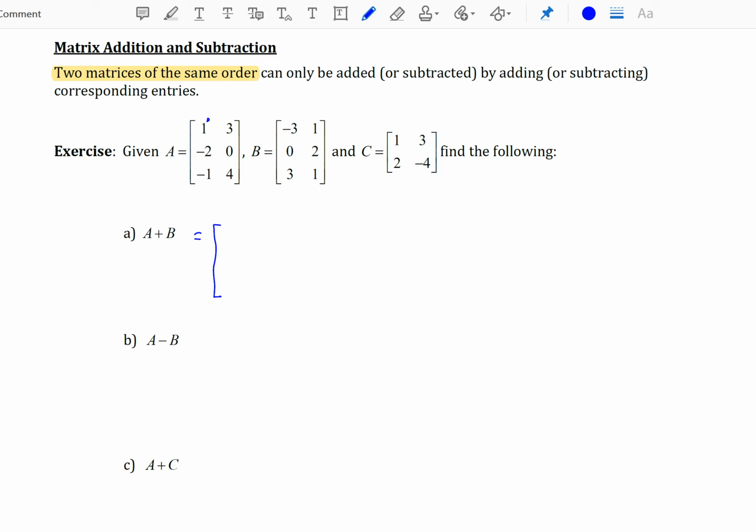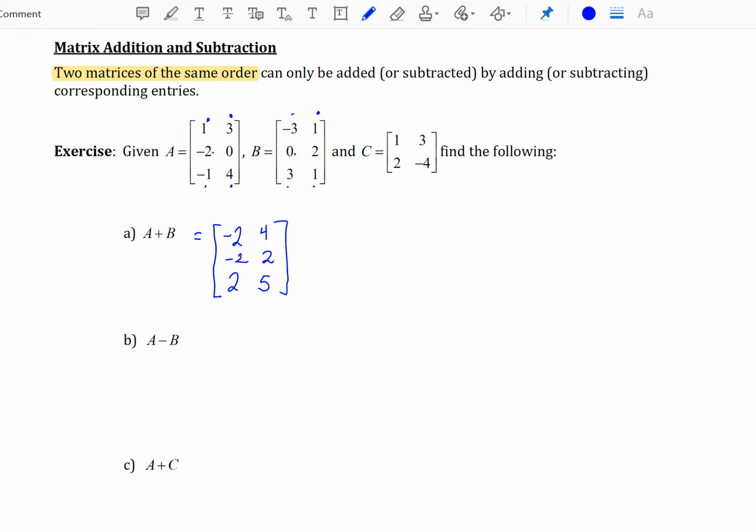So maybe add 1 and -3 together to get -2. 3 and 1 together to get 4. -2 and 0. 0 and 2. -1 and 3. 4 and 1 gives 5. So this would be the sum of matrices A and B.